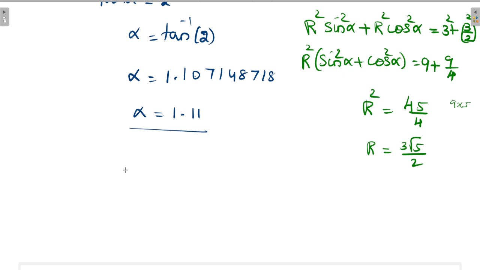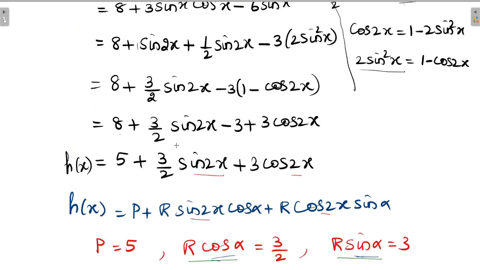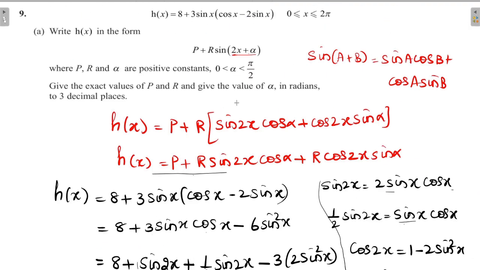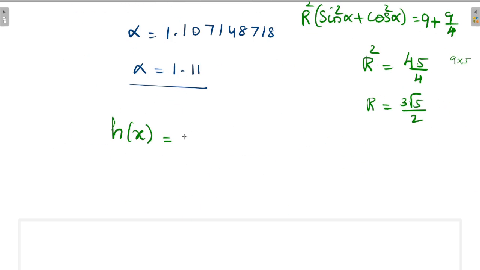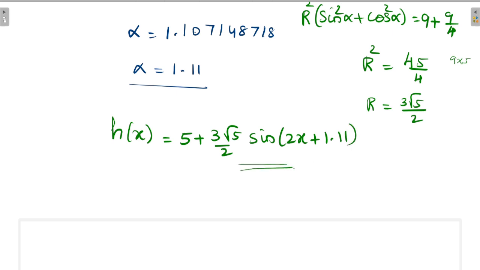Now we can write h of x is equal to P plus r sine of 2x plus alpha. So h of x is equal to 5 plus 3 root 5 by 2 sine of 2x plus 1.11, which is the radian value. This is what we have proved.